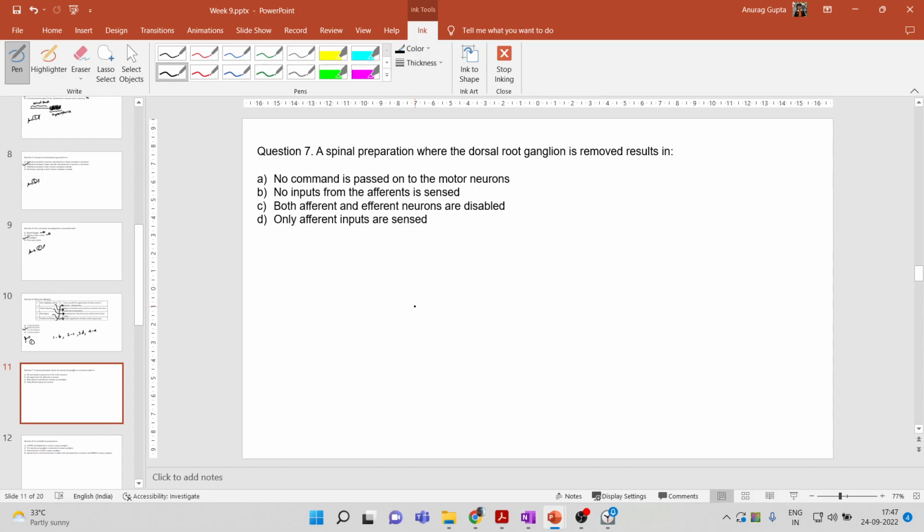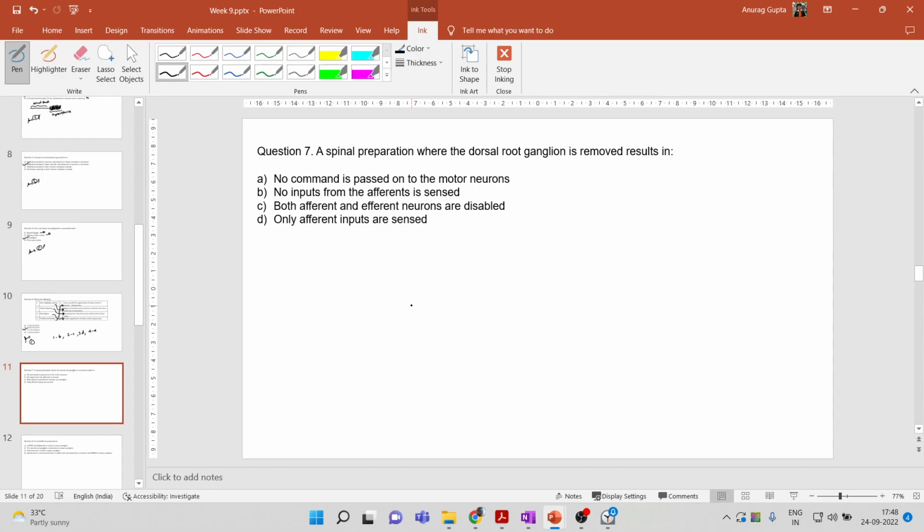So these and other afferents carry sensory information from all the receptors on our skin and in our muscles, and this goes in through the dorsal side of the spinal cord.